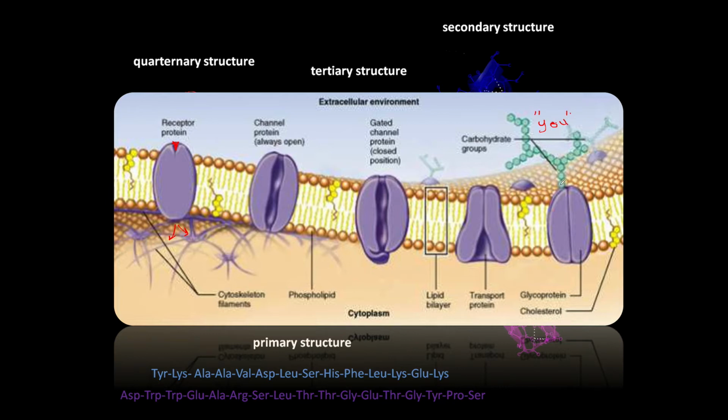Y-O-U. Maybe all of your cells have this special carbohydrate chain that tells your body and your immune system, hey, don't attack me, I'm part of you. And it's like a recognition site. And then perhaps there's some trigger that makes this thing open up, and then a flood of ions might flow through here.